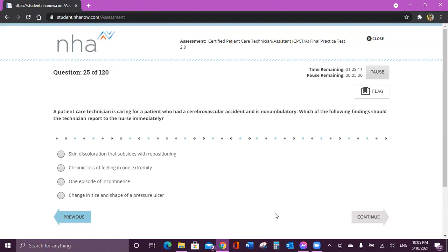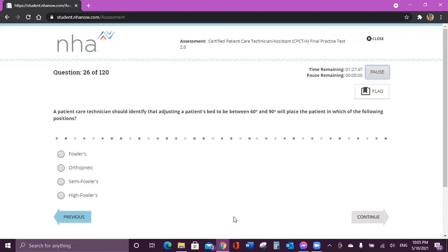One episode of incontinence. Change in size and shape of a pressure ulcer. Yo no sé, maybe esa, pero yo pondría la B. Feeling in one extremity. Oh, yeah. Yo pondría esa, que no está sintiendo en un lado.